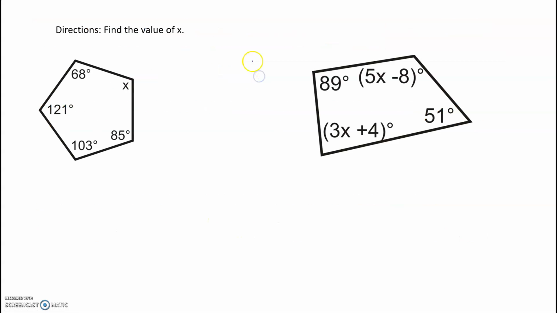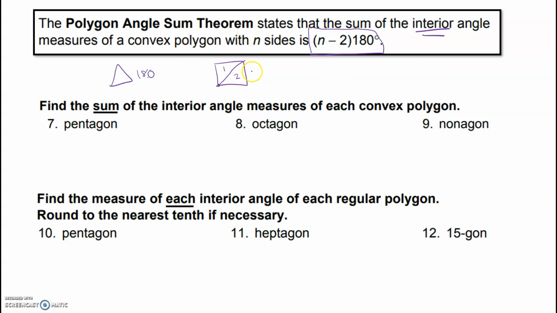You would do 2 of those 180 degrees, and you would get 360 degrees. So a quadrilateral, the interior angles add up to 360. And you can keep going here. But the shortcut is this formula. So a quadrilateral has 4 sides, 4 minus 2, because we can make 2 triangles. And you say you have 2 of those triangles.